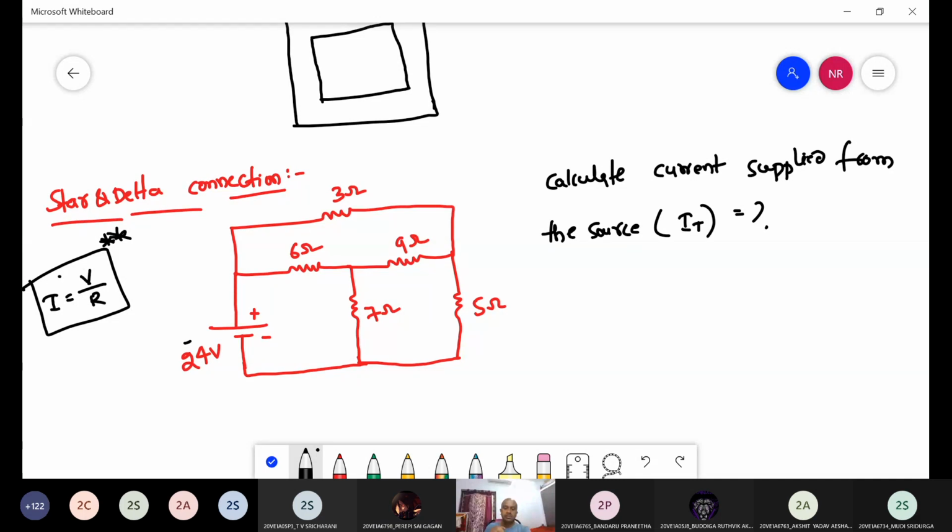And 795 is a delta. So here the point is, we have so many deltas and so many stars.